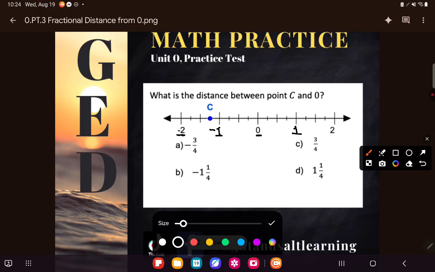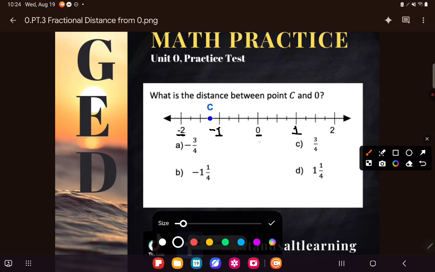Now, how far past? The key here is to look at the number of spaces in between one whole unit. It doesn't matter where on the number line you're looking. You could be between 0 and 1, 1 and 2, 0 and -1, whatever, but I want to look at one whole unit.